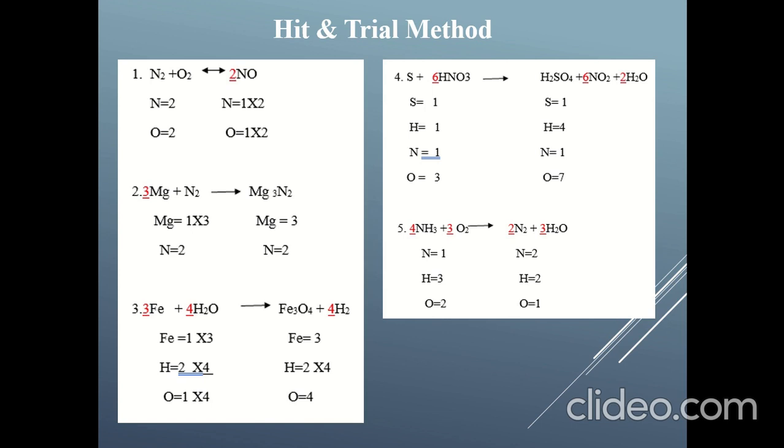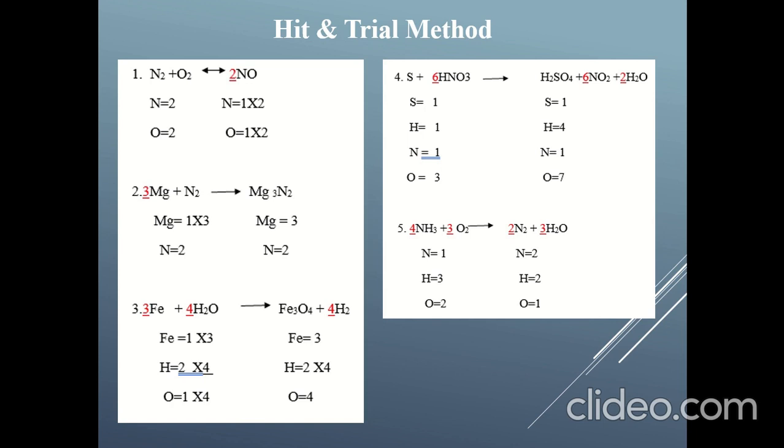On the product side it is 3, while on the reactant side it is 1. So we need to multiply the reactant side with 3, while nitrogen is the same on both sides. So 3Mg plus N2 gives Mg3N2. That is, magnesium reacts with nitrogen to give magnesium nitride.